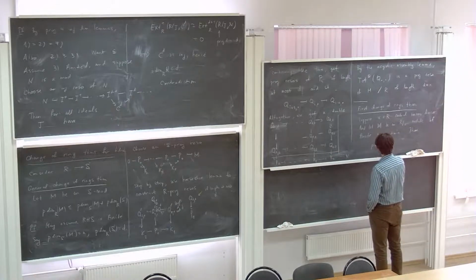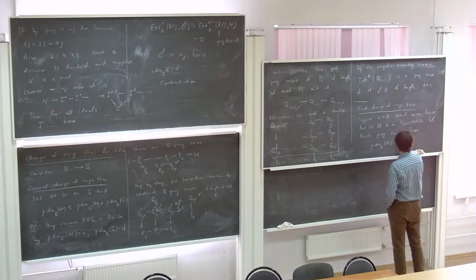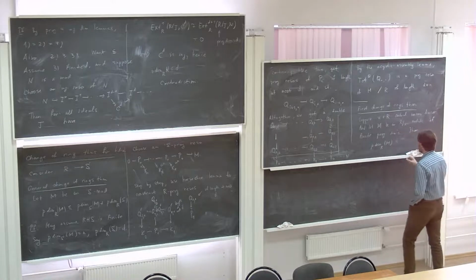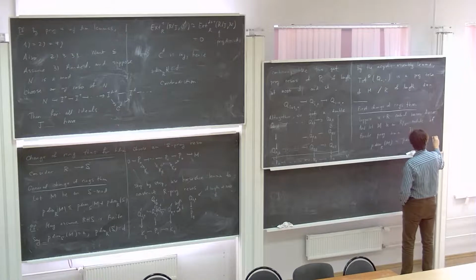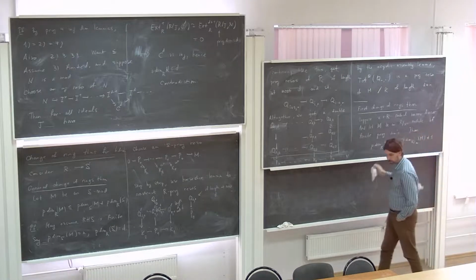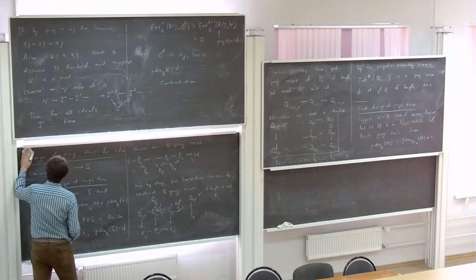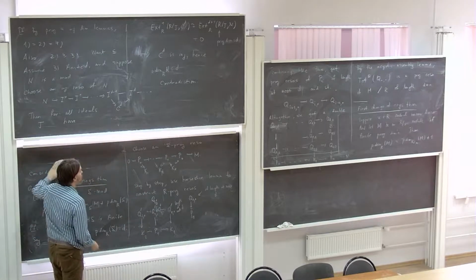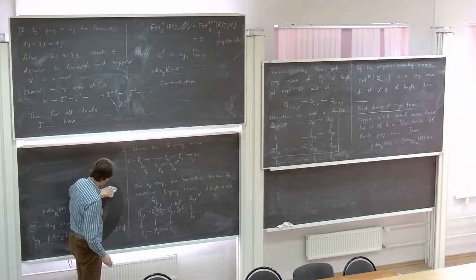And the answer is it just increases by one step. One step has to do with this extra element X. So this is the projective dimension of the module over the original ring plus 1. So restricting along a quotient by one of these central non-zero divisors only increases the projective dimension by 1.